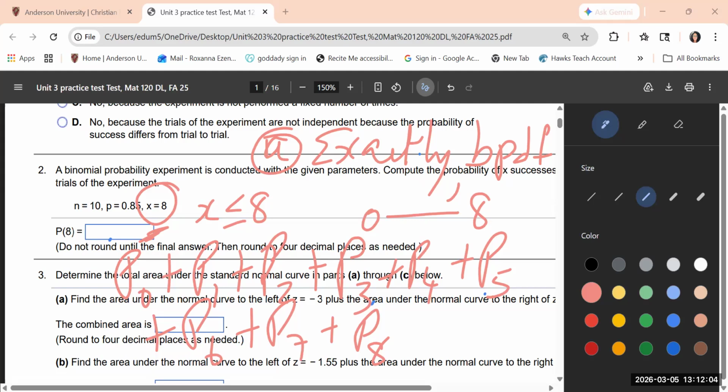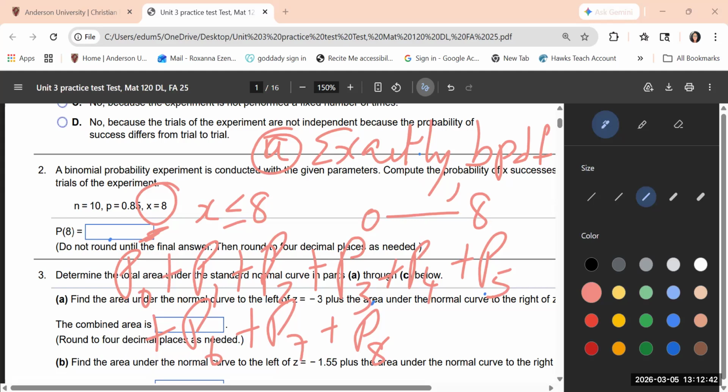If I'm told to find P0, P0 by formula is 10 combination 0, success to power 0, success is 0.85, and failure 0.15 to power 10 minus 0, which is 10.